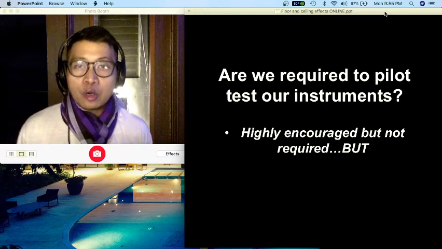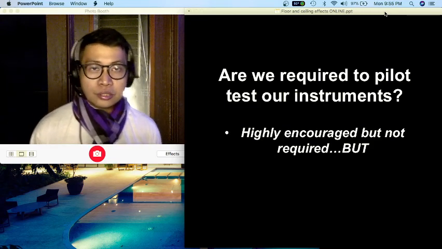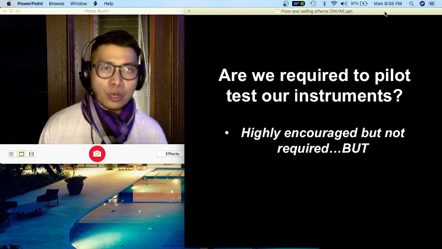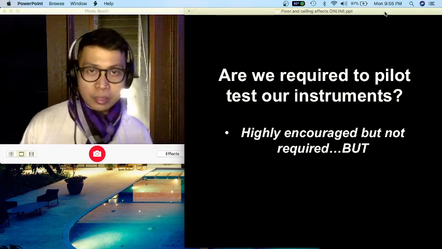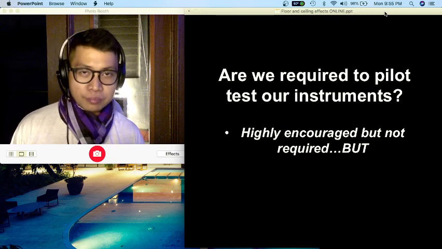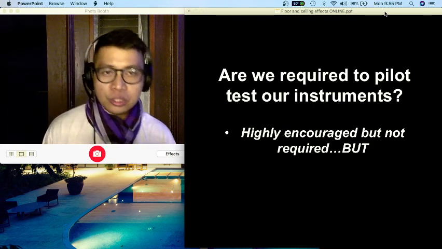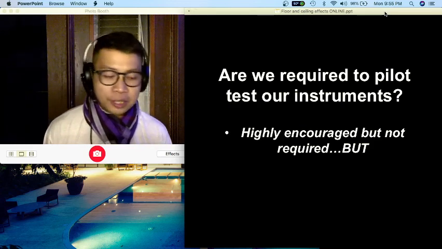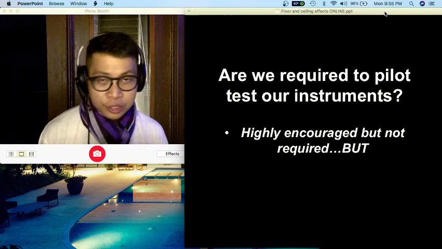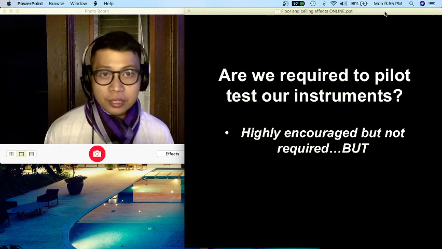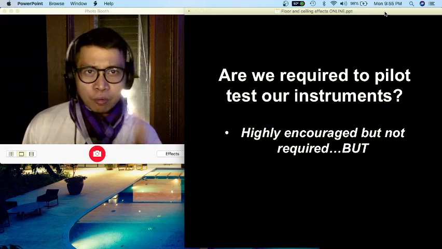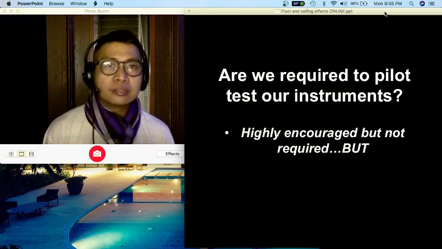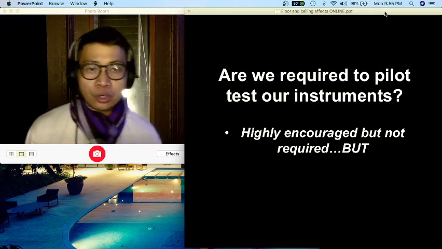So one of the things that you will recommend for future researchers to do is, kung i-replicate man yung study nyo, one adjustment that they need to make is to pilot test the instruments first that you have used in your experiment. Okay? So, yun ang sagot ko sa tanong na yan. Hindi naman siya required, but you are highly encouraged. But, again, if you think in the future, meron kang floor or ceiling effect in your data, then maybe you can just put that in recommendations or limitations of the study.